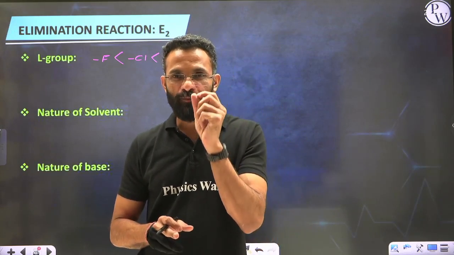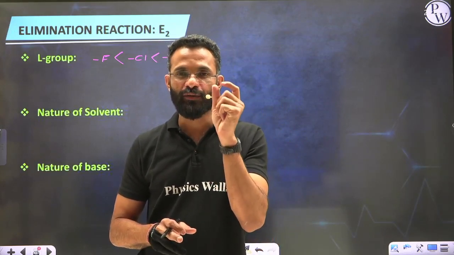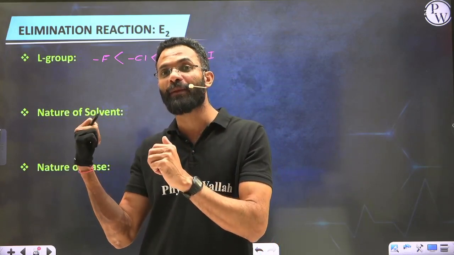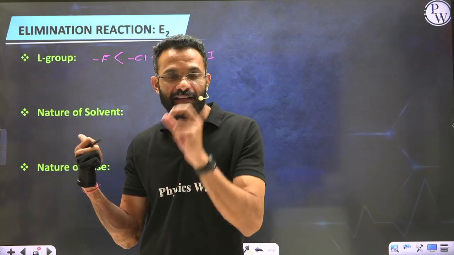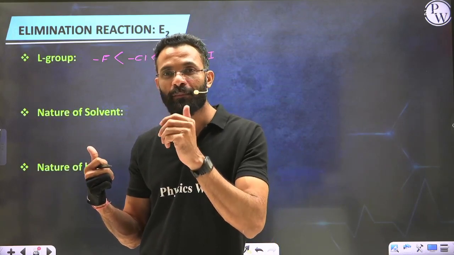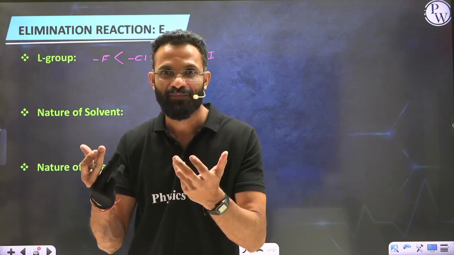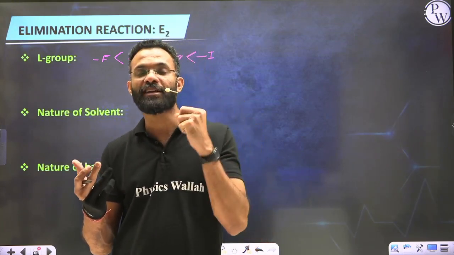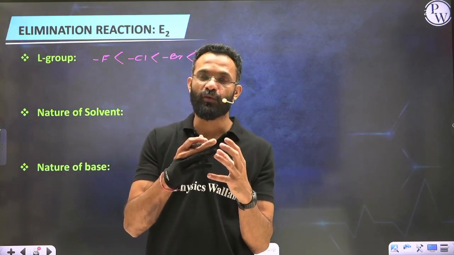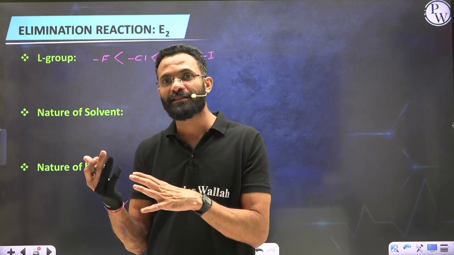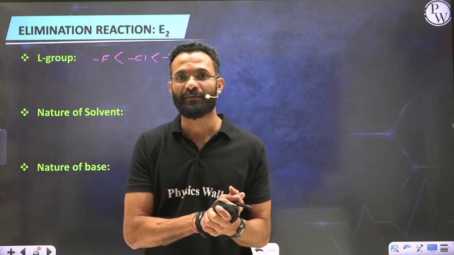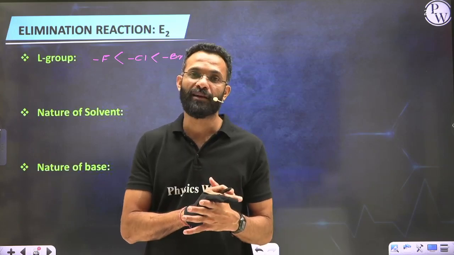In polar protic, because hydrogen is attached to an electronegative atom, that hydrogen can form a bond with these anionic bases, isn't it? If that hydrogen is forming a bond with anionic bases, then the bases will no more remain base, because abstraction of hydrogen takes place from that anionic atom only. Because polar protic solvent will capture the base and will decrease the basicity of strong bases, no E2 can take place. Hence we must avoid polar protic solvent.